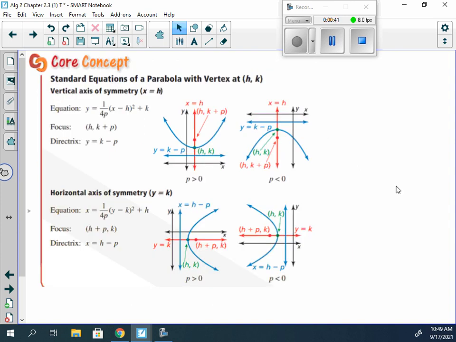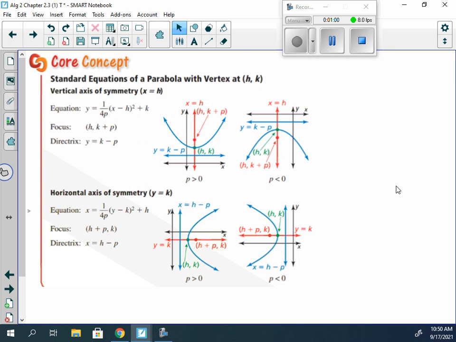Now, I've decided to change up the notes a little bit, so we'll need to fill these in. So y is equal to 1 over 4p, parentheses, x minus h squared plus k.